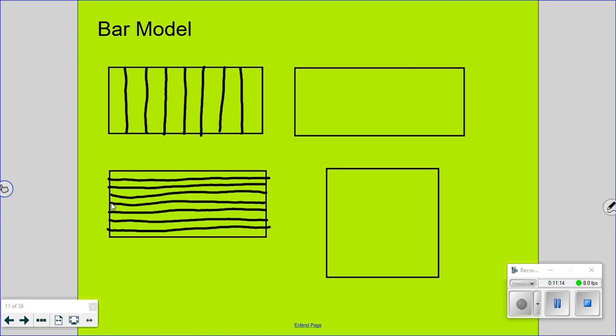So just like I did the first one, but instead of vertical sections, I now have them going across. As long as they're worth the same amount, we're good to go. So far, so good with that. I know you guys are still drawing, but we understand what it looks like.